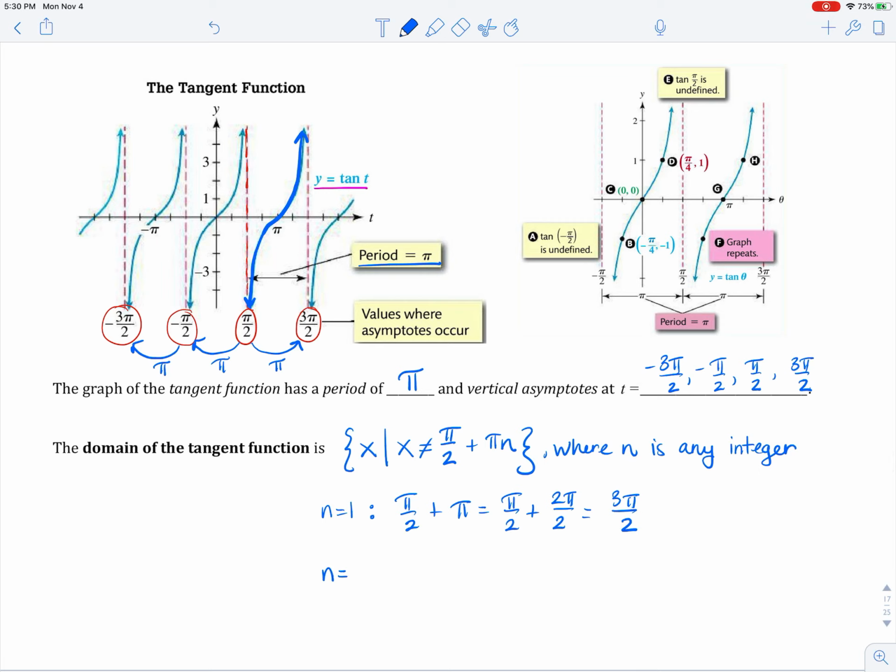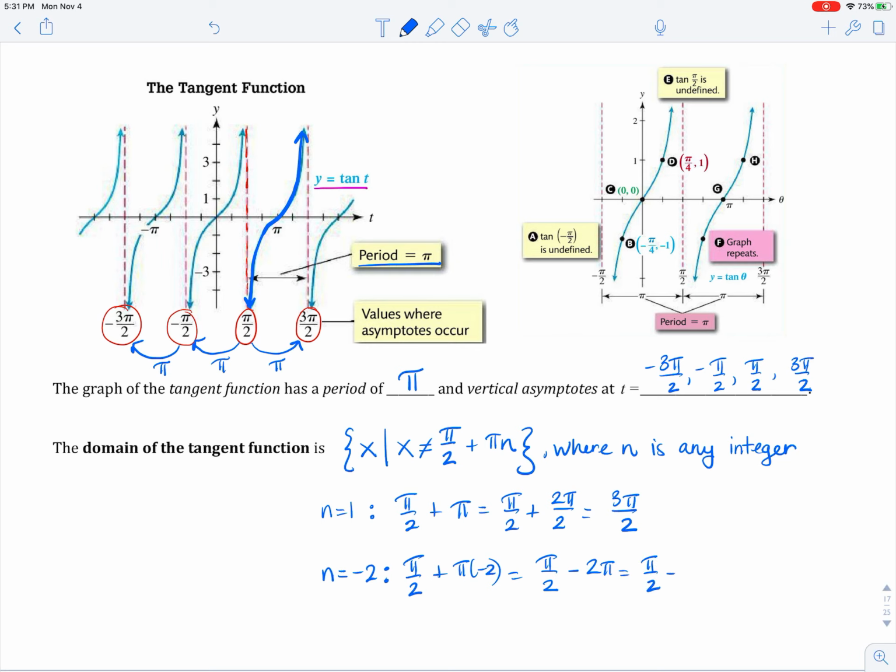If n was, let's say, negative 2, we have a vertical asymptote at pi over 2 plus pi times negative 2. So we have pi over 2 minus 2 pi, which again we need a common denominator.